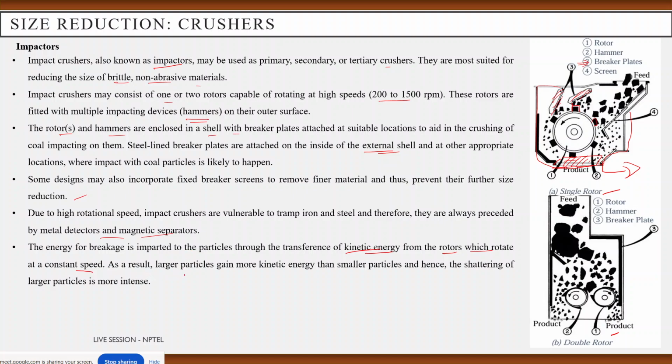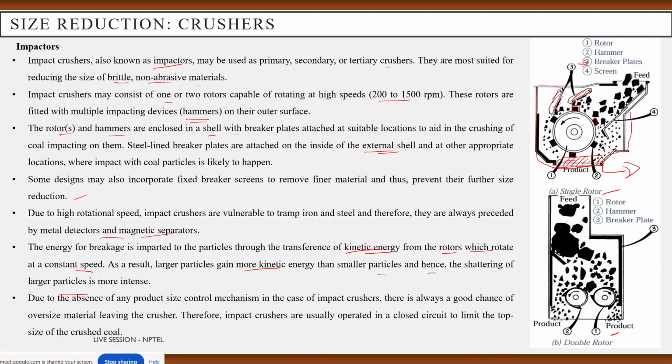As a result, the larger particles gain more kinetic energy than the smaller particles, and hence there is more shattering of the larger particles. Another thing is that due to the absence of any product size control mechanism in the impact crusher itself, there is always a good chance of oversized material passing through the crusher. So the impact crusher is usually operated in a closed circuit to limit the top size of the crushed material.